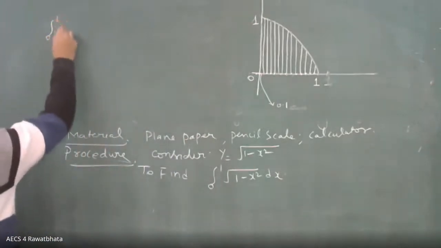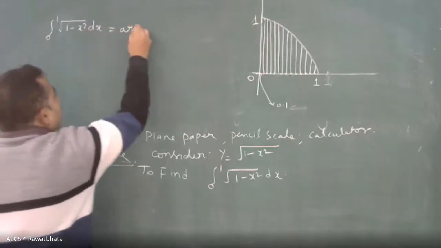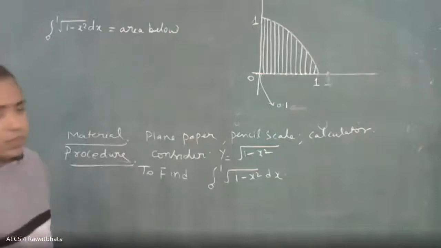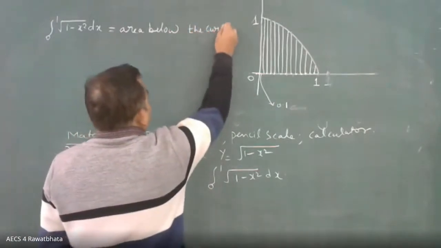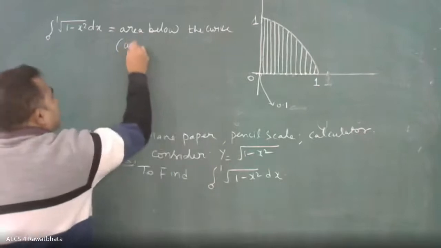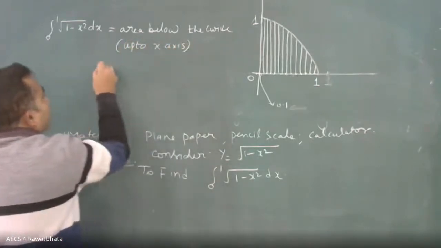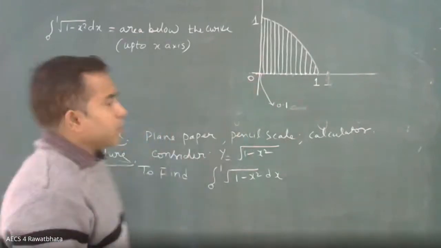Integral 0 to 1 root of 1 minus x square dx is equal to area below the curve as per the definition of definite integral. This is area below the curve up to x-axis. And if you find this area, this is area of all these strips.